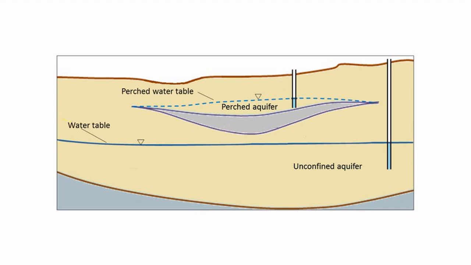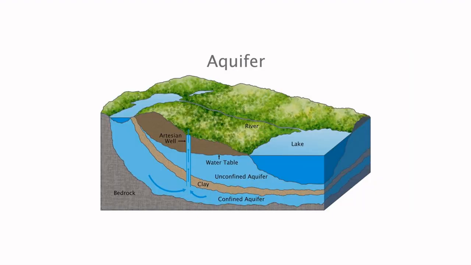This is the perched water table. A geological cross section, you can see it here. A confined aquifer sometimes becomes a flowing water system, and such a system we call an artesian system. You see an artesian well here. Artesian systems are quite common in most of the sedimentary basins.